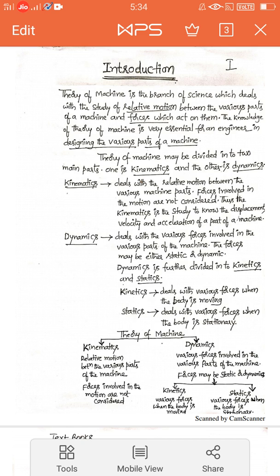One is kinematics and the other one is dynamics. What is kinematics? Kinematics is the one which deals with the study of relative motion between the various parts of a machine.